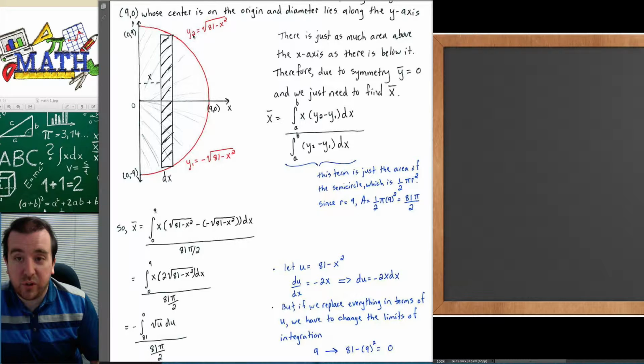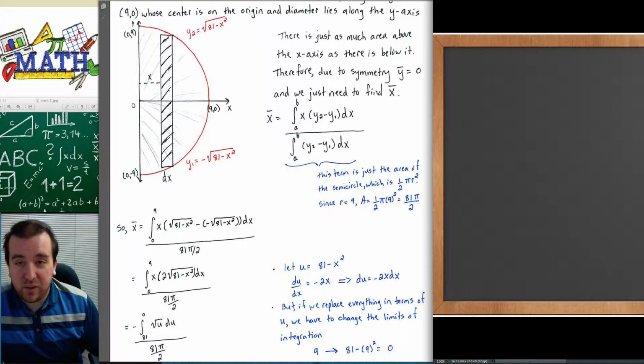Our upper function is y2 equals the root of 81 minus x squared. Now, why is that the function? Well, consider the equation of a circle. It's x squared plus y squared equals the radius squared.